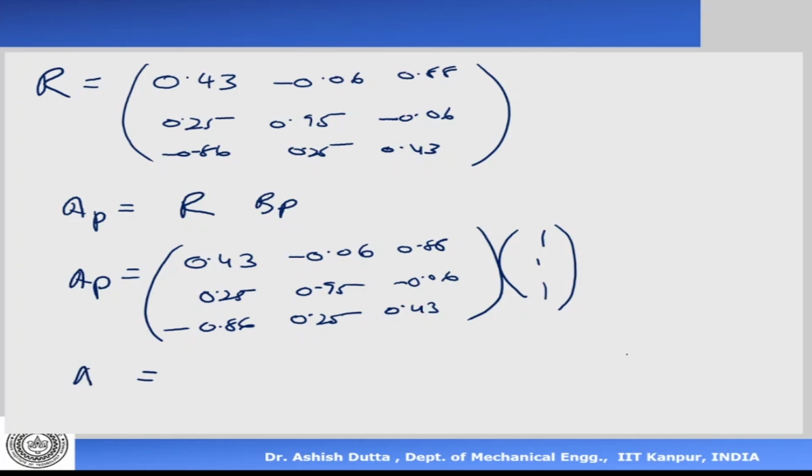When I multiply it out, I get AP equal to 1.25, 1.14, and minus 0.18.